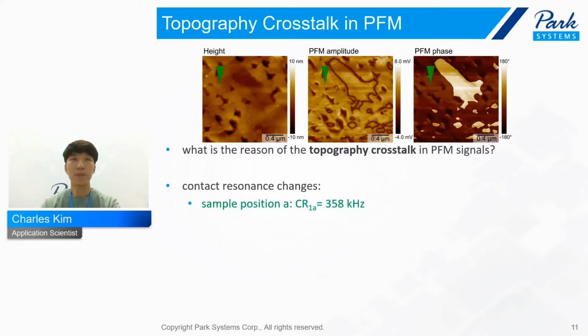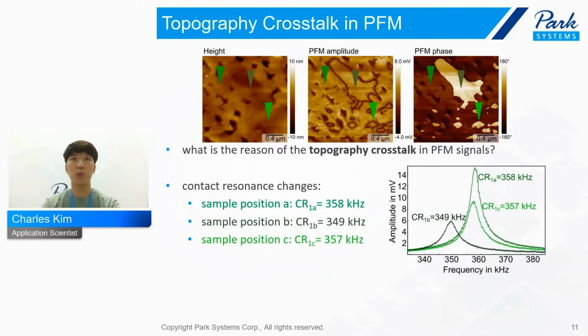But when we check the contact resonance at a specific position here, at that time the contact resonance was 358. But when I moved to the inside of this area, the contact resonance decreased.